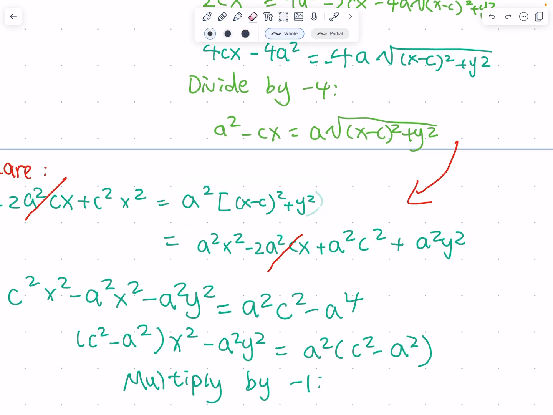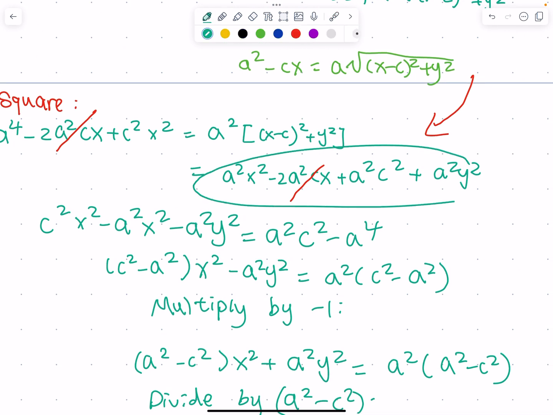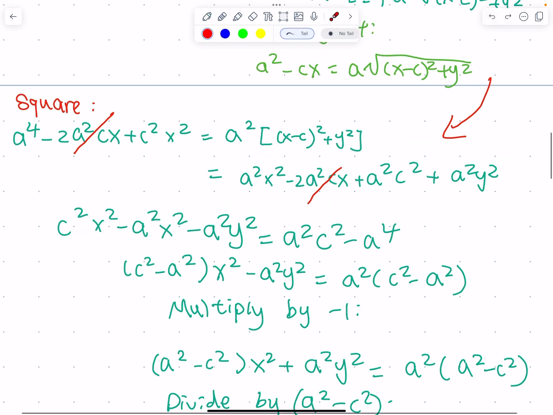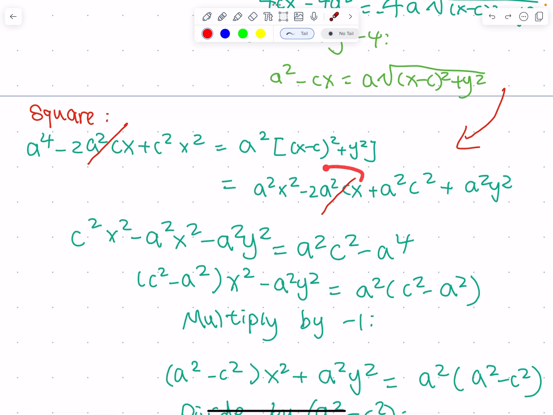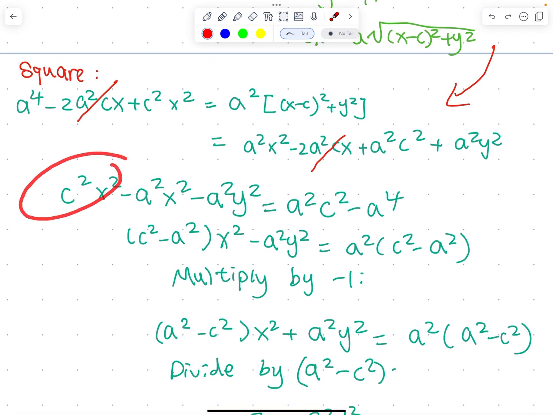Oh, just found a mistake. Okay, we can just expand this, and then we'll find that we can cancel out the 2a squared cx term. So it'll be c squared x squared minus a squared x squared minus a squared y squared is equal to a squared c squared minus a to the 4.